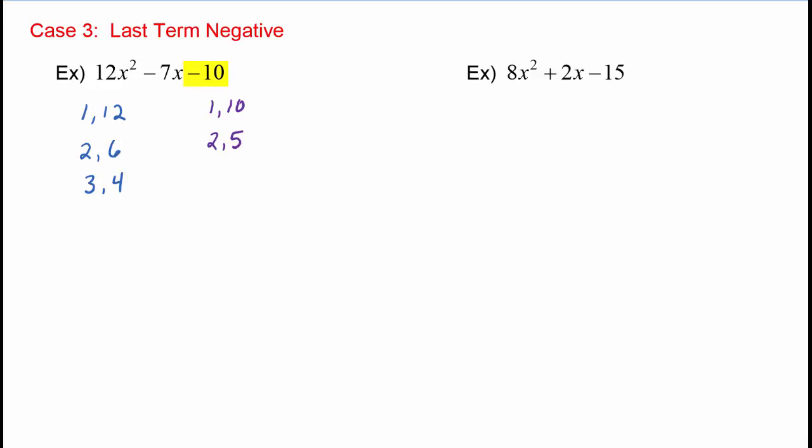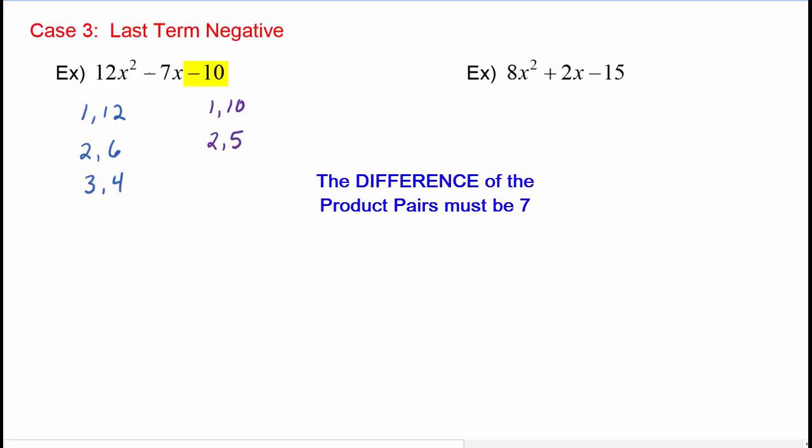Now, what the negative sign in front of the 10 tells us to do is that when we find our product pairs, we want to find product pairs whose difference is going to be 7. But remember, it's controlled by the negative sign being here, not this negative sign in front of the 7.